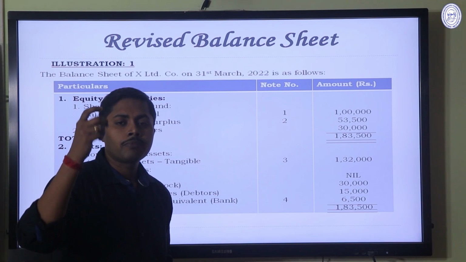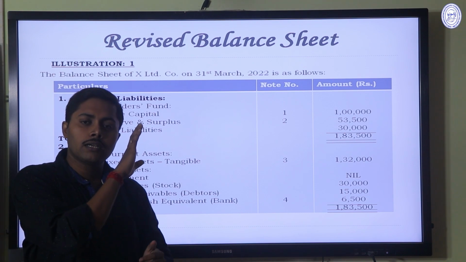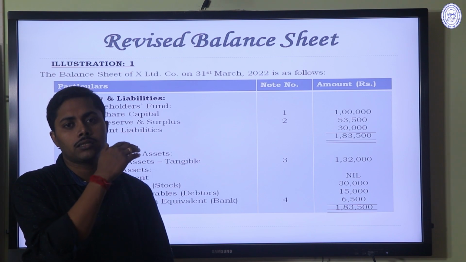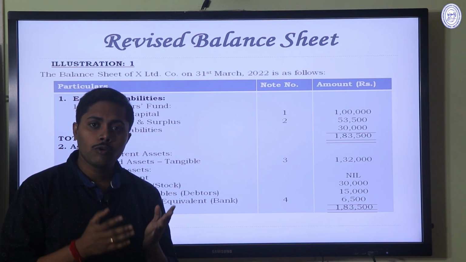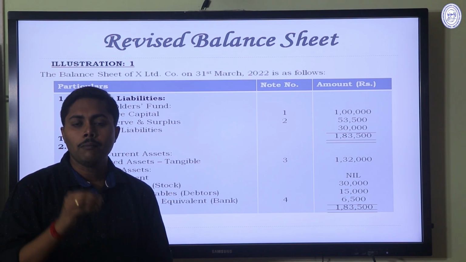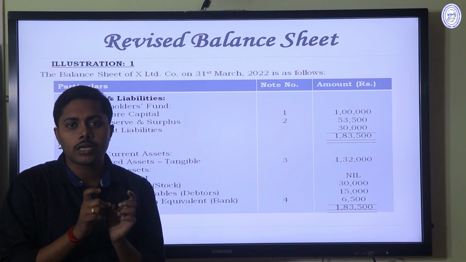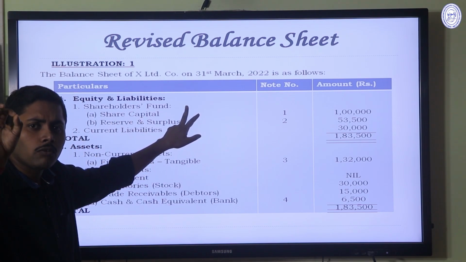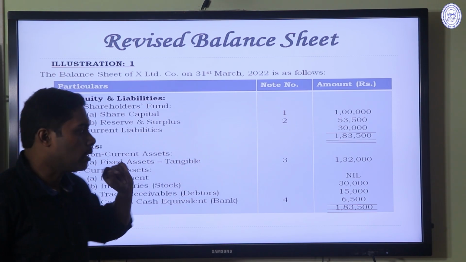You just remember preference shares are redeemed, existing as per the balance sheet of 31st March. The company had 9,000 equity shares, and during this period for the purpose of redemption the company issued 1,000 equity shares. So total 9,000 plus 1,000 equity shares of rupees 10 each, only equity share is there, 10,000 equity shares, rupees 1 lakh, it is mentioned in note number 1.